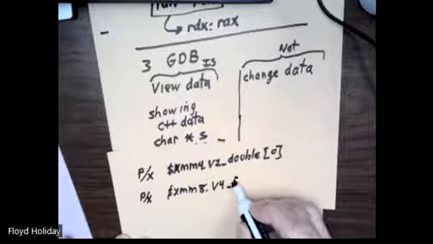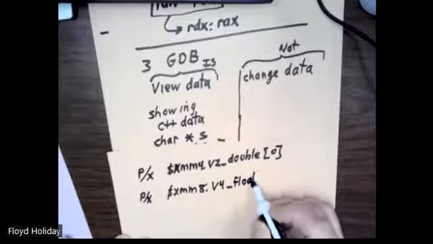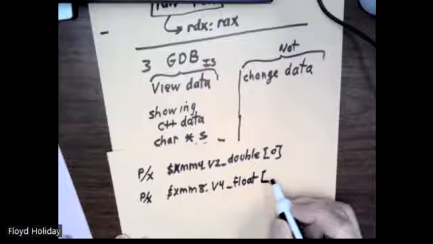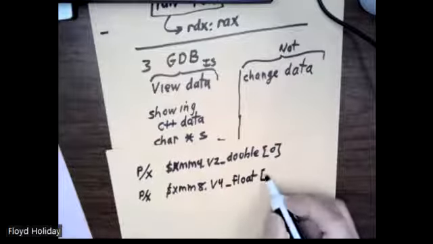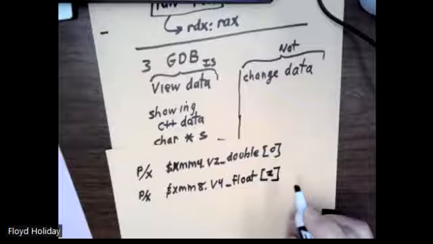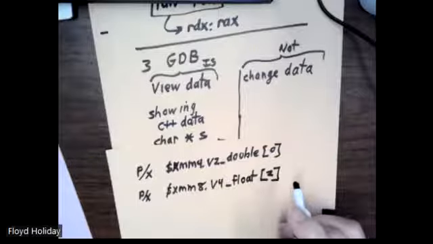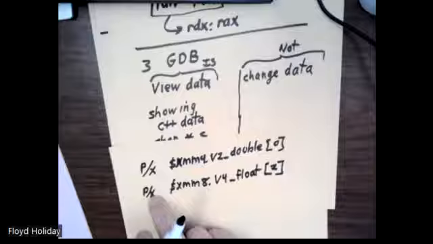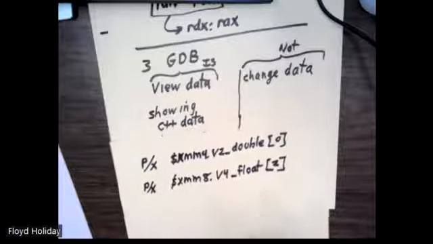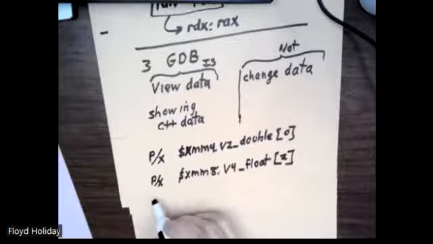That would be float. And then you can name any one of 4 from 0, 1, 2, or 3, like such. I'm a little bit worried about the X. Does anybody remember if X is the right thing? I'll have to run a program quickly.